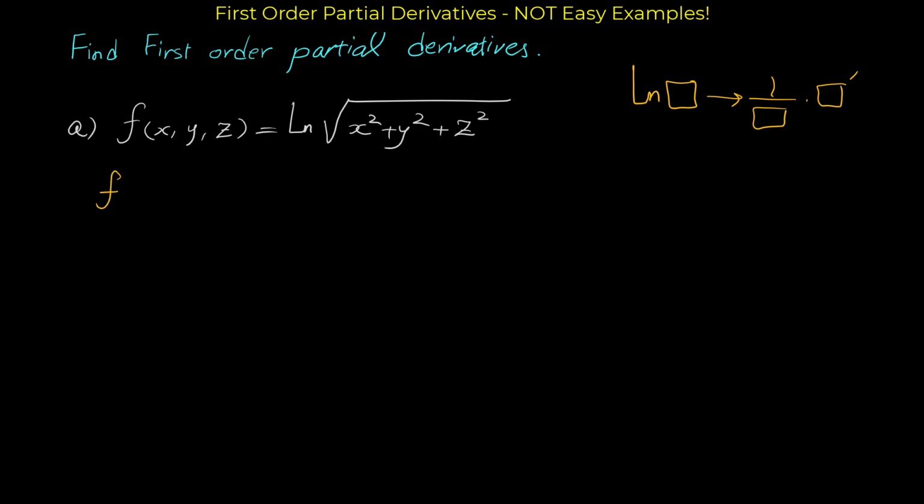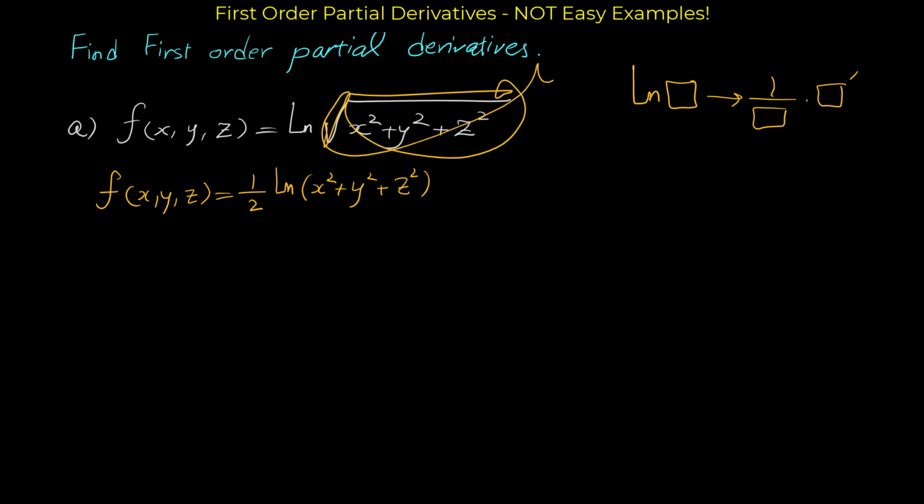This function f can be written as 1/2 ln of x^2 plus y^2 plus z^2. Why can we write this function in this form? Radical means power 1/2, and one of the properties of the logarithmic function ln is that we can bring the power to the front.